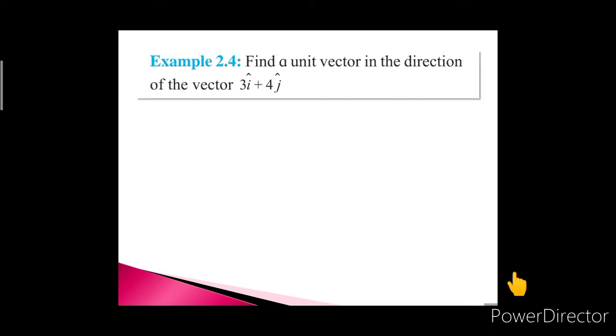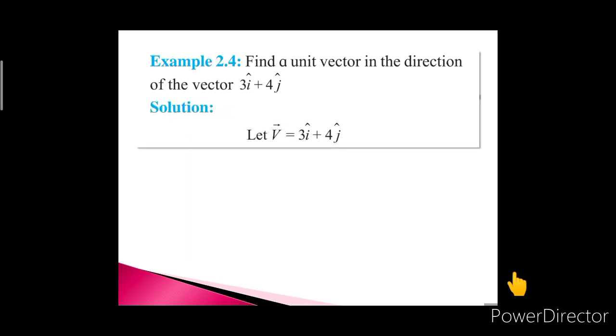Now let's have example 2.4. Find a unit vector in the direction of the vector 3i cap plus 4j cap. Here we have to determine the unit vector. Let's see the solution. First of all, we consider the given vector 3i cap plus 4j cap as vector v.